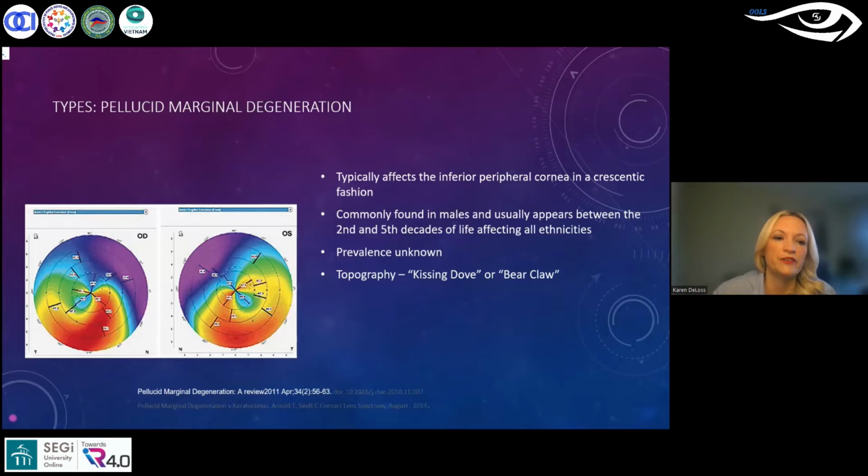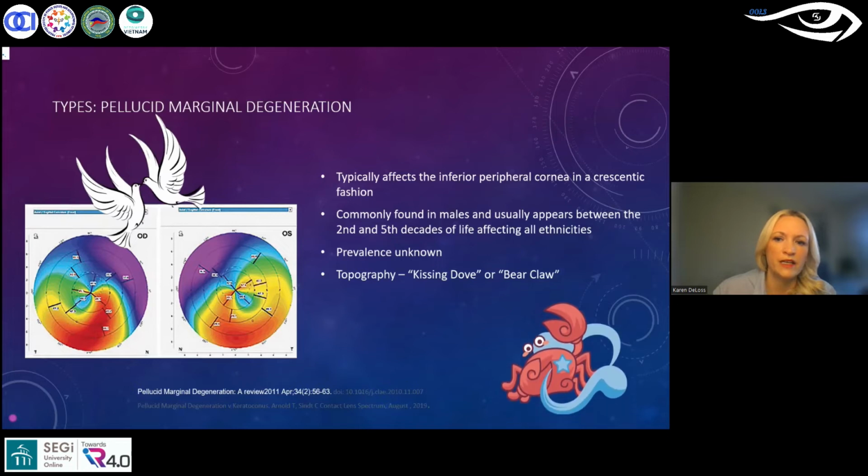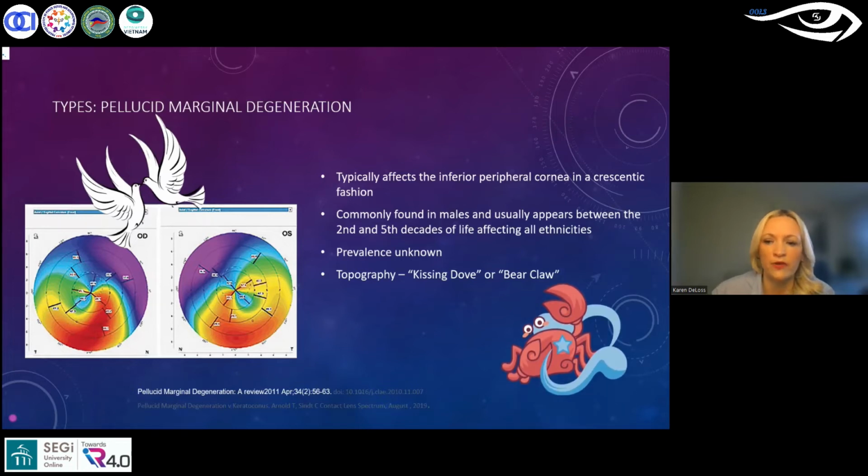Pellucid marginal degeneration is usually going to impact the inferior cornea. It's commonly diagnosed between the 2nd and 5th decades, and it affects all ethnicities. The prevalence is unknown. Right here you can see that you're typically going to have your kissing doves, or your bear claw or crab claw, things that you want to look for.